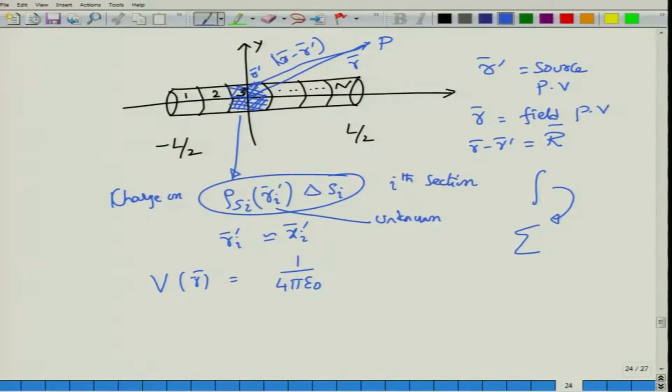So the summed value, the potential at this particular point R, is given by the sum over all the sections that I have.